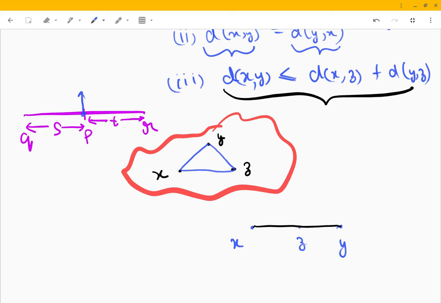Only then these lines would rise up and we'll get a triangle. So P should be here.